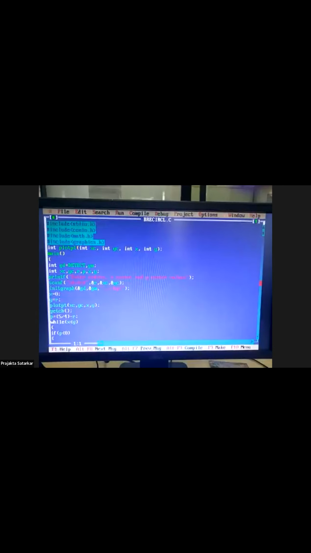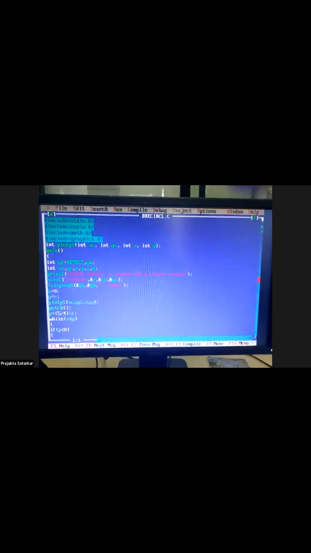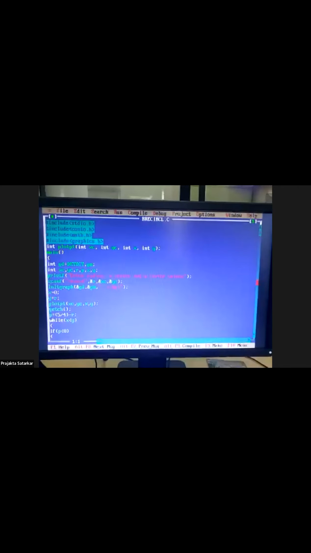Okay, so today we are going to see the implementation of the Bresenham circle generation algorithm. In the earlier practical, we saw Bresenham's line drawing algorithm.